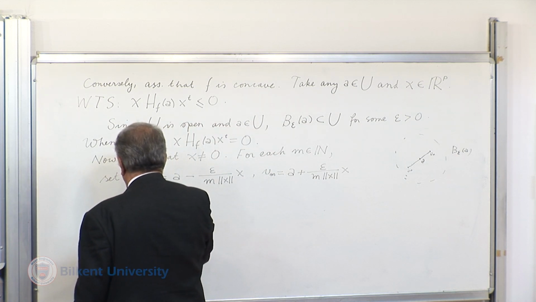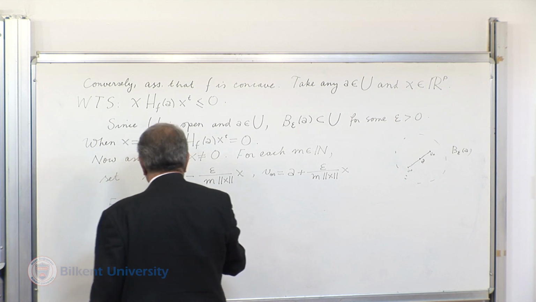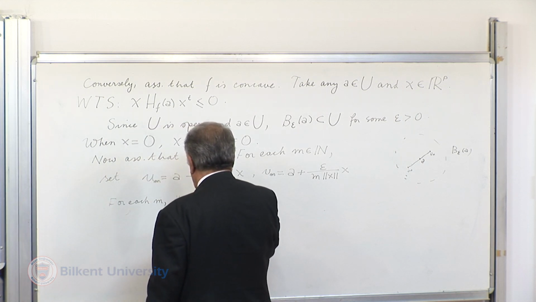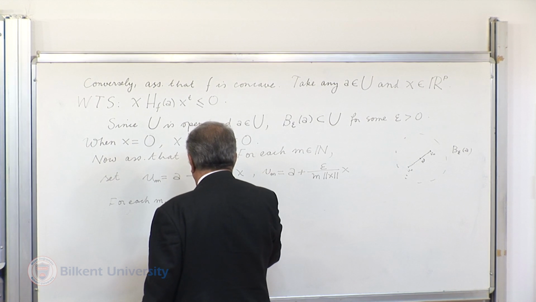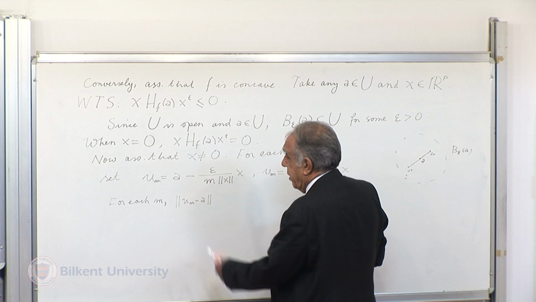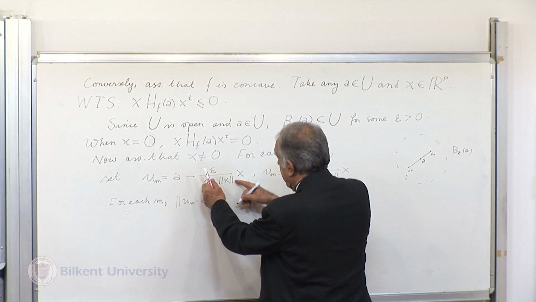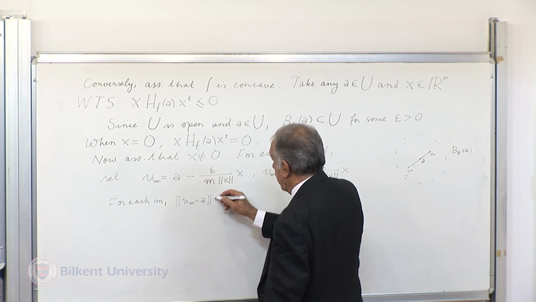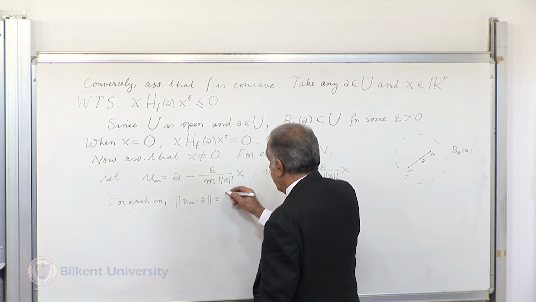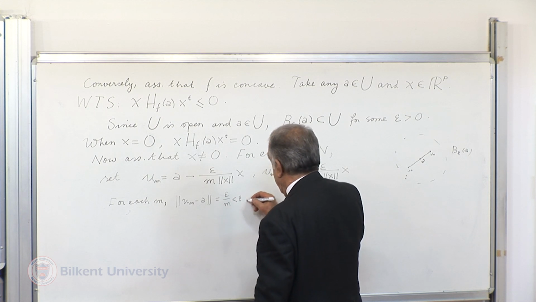Okay? Now, for each M, the norm of UM minus A: well, the norm of X divided by the norm of X will cancel. This will be equal to epsilon over M, which will be less than epsilon.